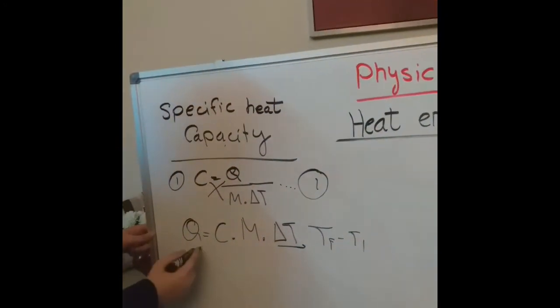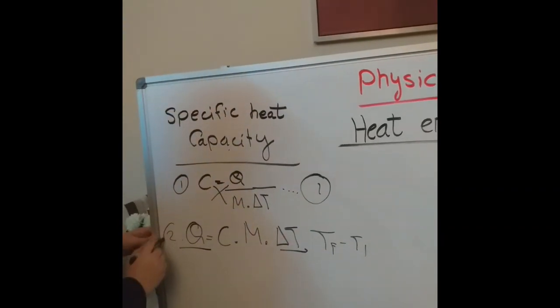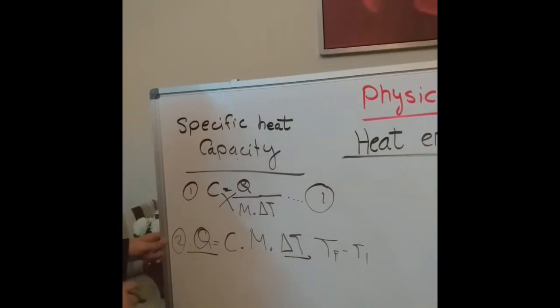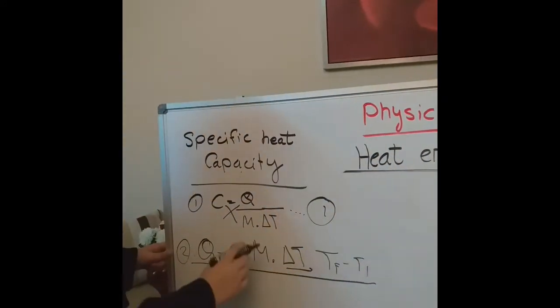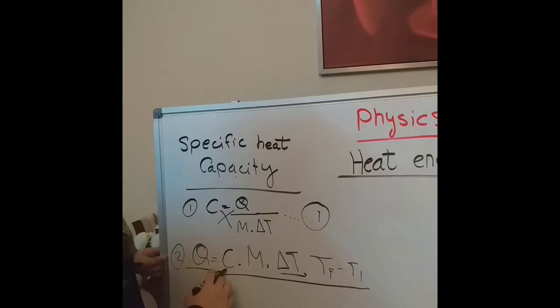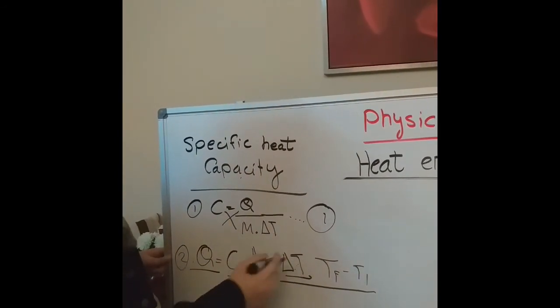This is the formula for Q, which is heat. That means all will be multiplied: C, which means the specific heat, times mass times the change of T.